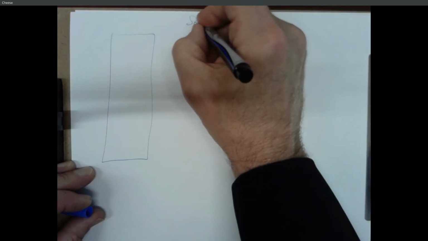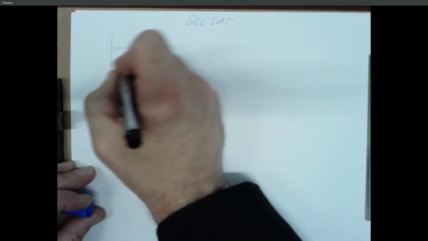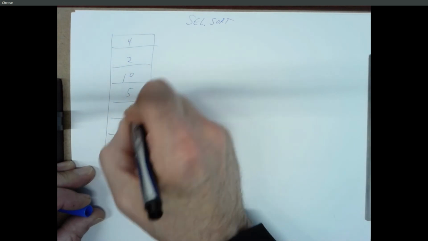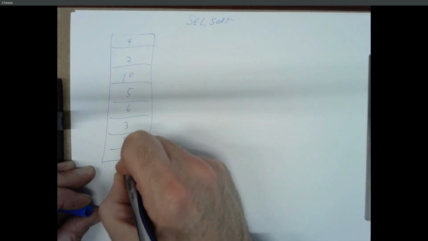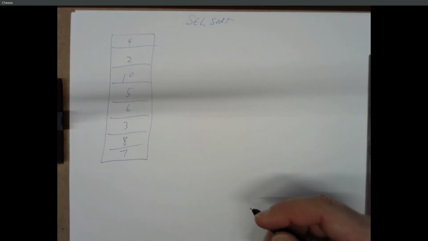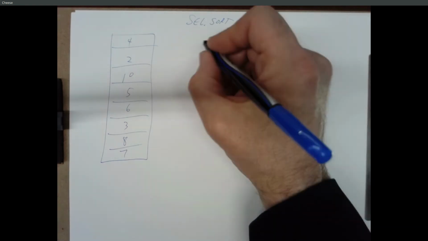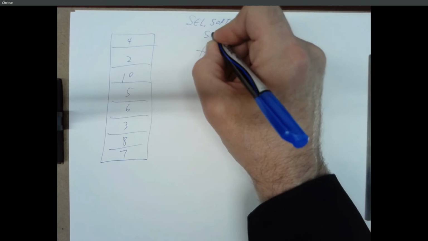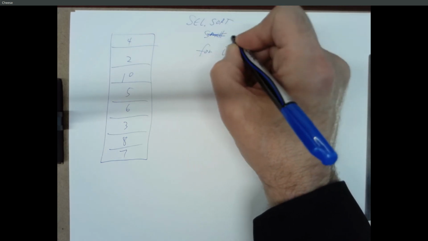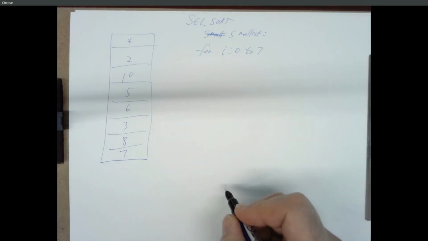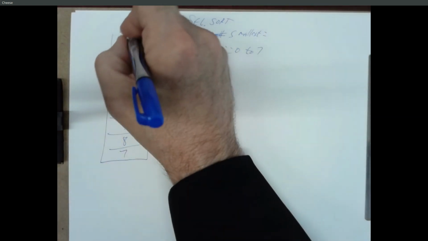So this is selection sort. We want to find the smallest element, say. So let's call this data.